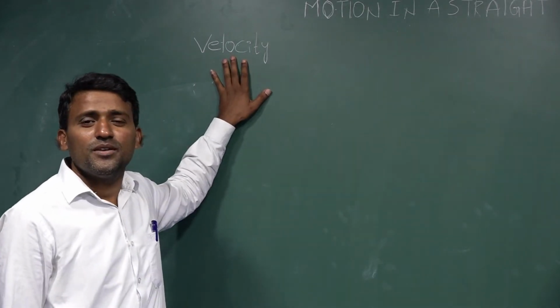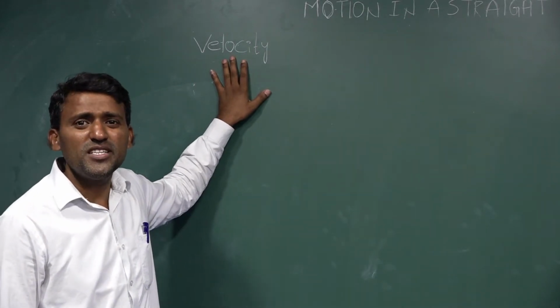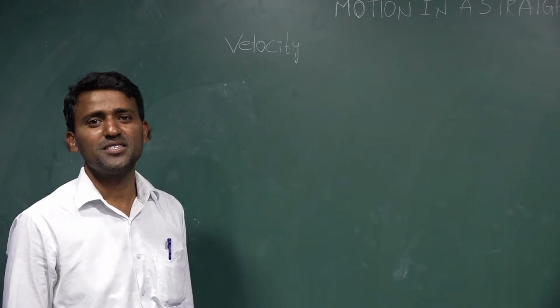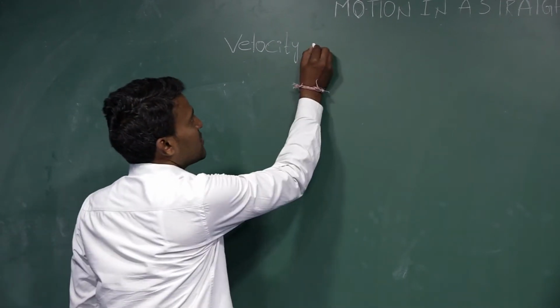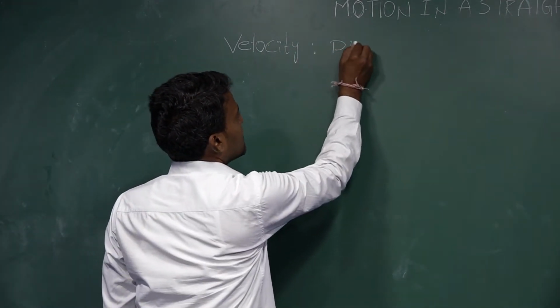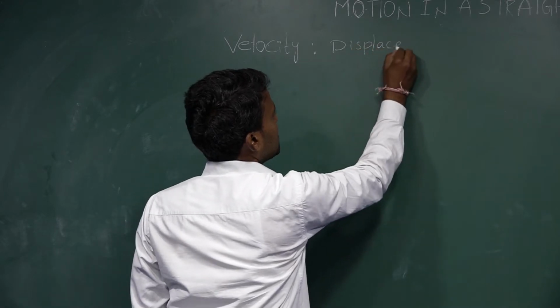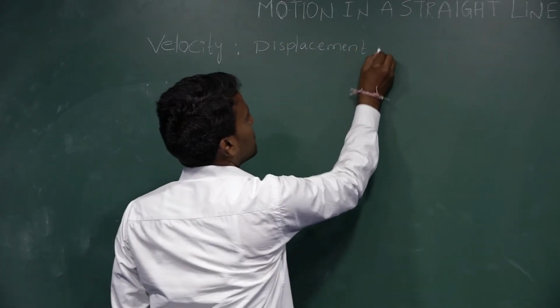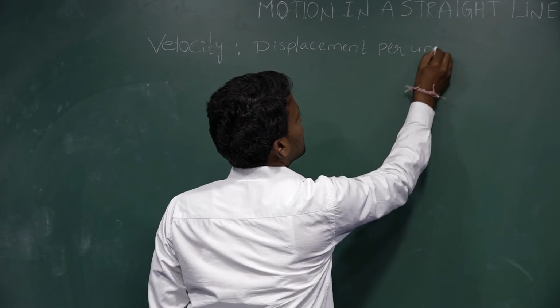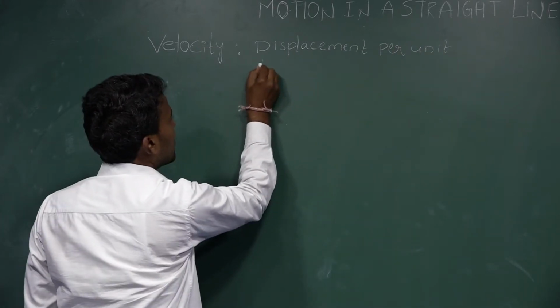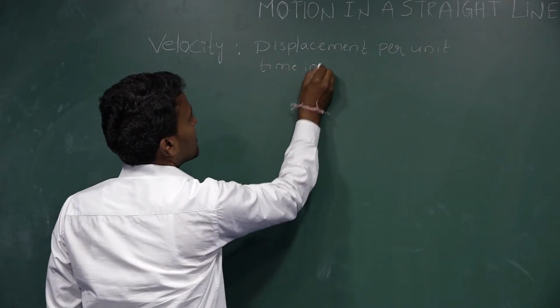Velocity. What is velocity? Displacement per unit time interval is called velocity. So we are writing displacement per unit time interval.